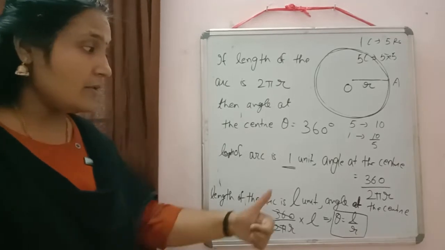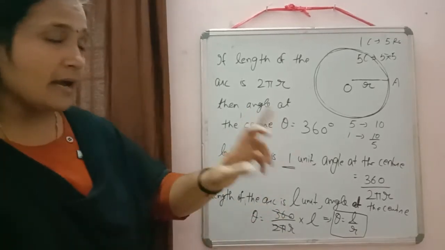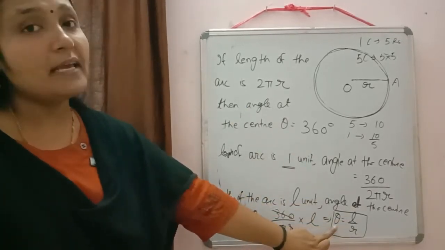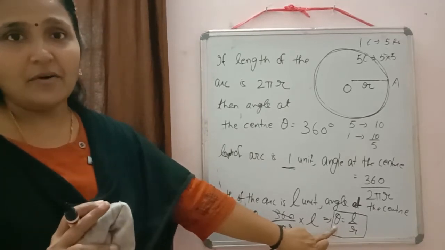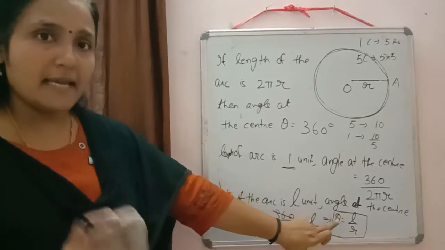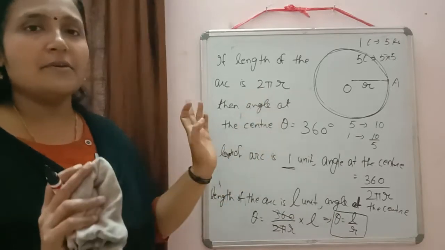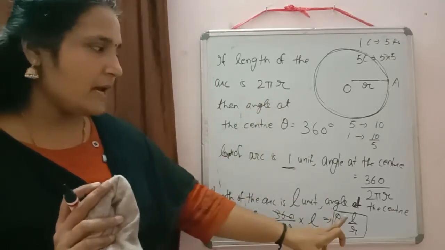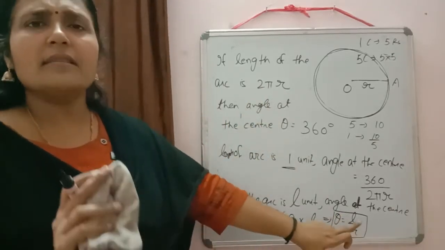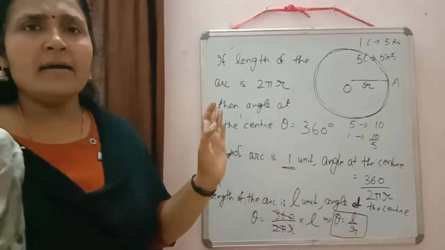Whenever you are using this formula, remember one thing, theta should be given in radian only. If theta is given in degree, first you should convert into radian. And whenever we are using this formula to find the angle, that will be in radian.